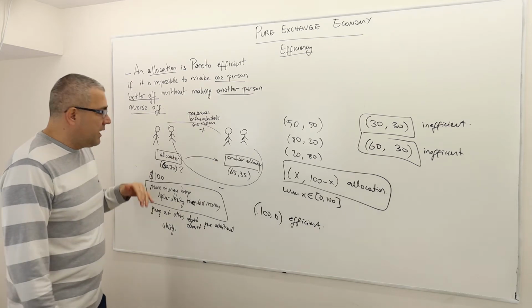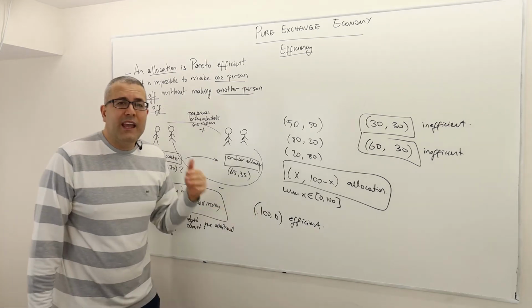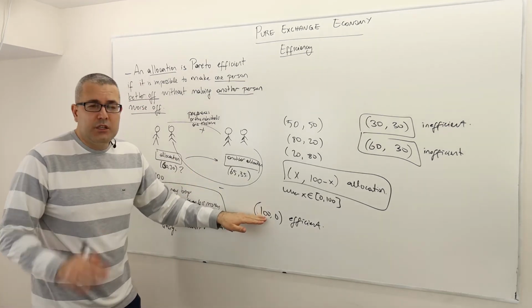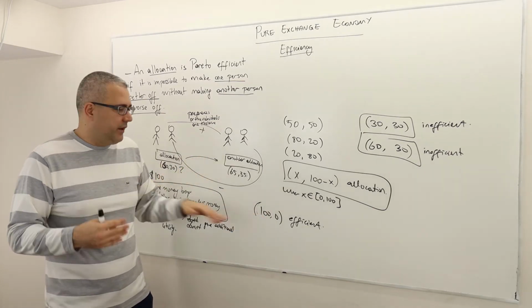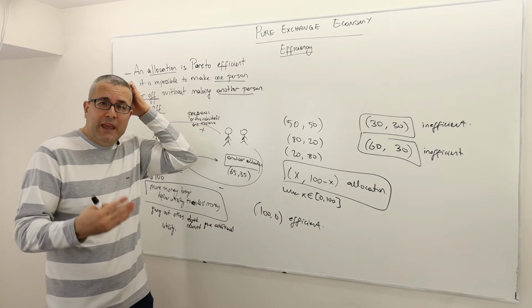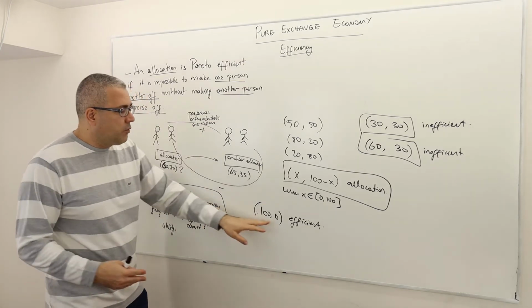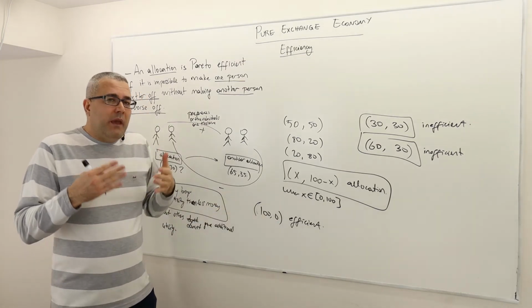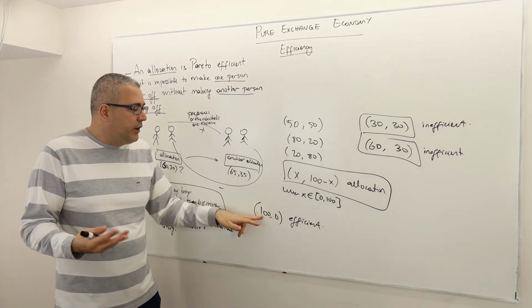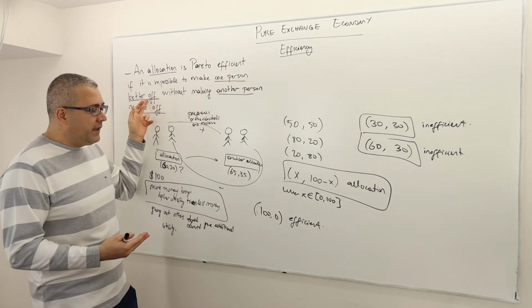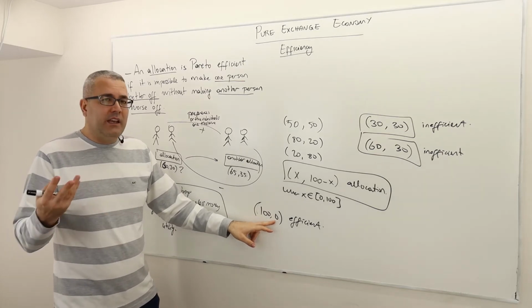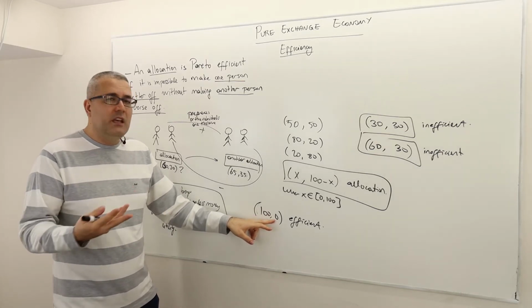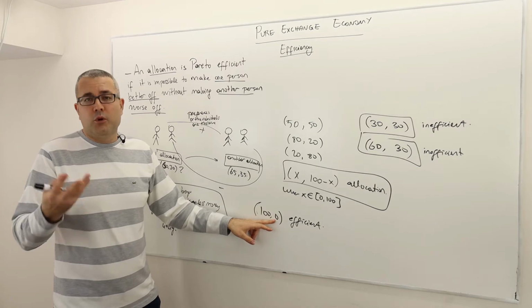Well, because if you want to make one guy happier, there's no way you can make Bob happier because he is already receiving everything. So here, you can only make Anita happier. So the question is, when you make Anita happier, are you going to make Bob worse off? Well, obviously, because making Anita happier means you have to give Anita more money, more than zero.